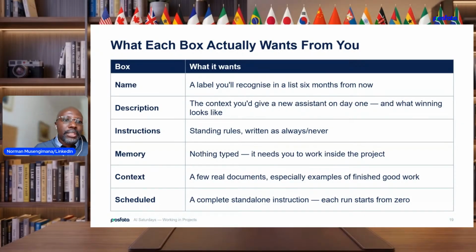This description is the first layer of context you give to the project. But you can see here that we are saying if you hire an assistant and you want them to understand how to help you, under the description, put exactly what you will tell your assistant.